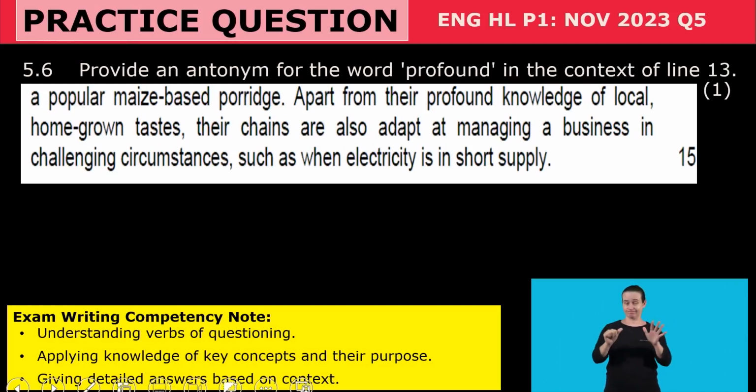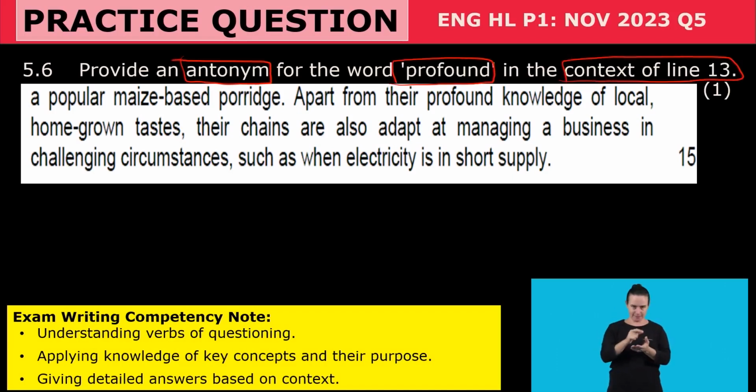Then for question 5.6, provide an antonym, so a word with the opposite meaning for the word profound in the context. So it must fit into the context of line 13. If we go to line 13, apart from their profound knowledge of local homegrown tastes, their chains are also adept at managing a business in challenging circumstances, such as when electricity is in short supply.